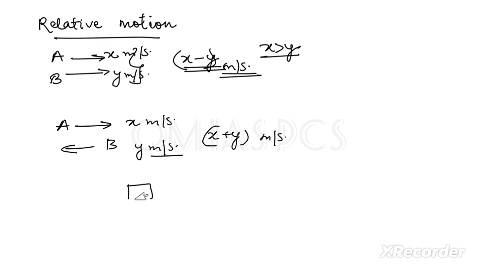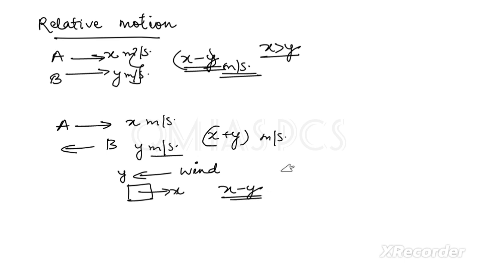This is a body, moving in this direction, and the wind is blowing in this direction, this is the wind. In that case the wind is just an obstacle for this body. So we say this is y, this is x, and the speed will be x minus y.